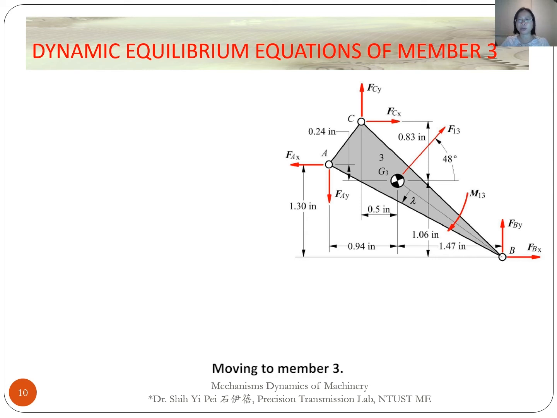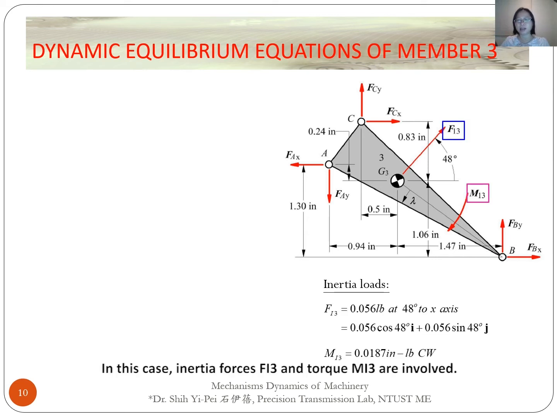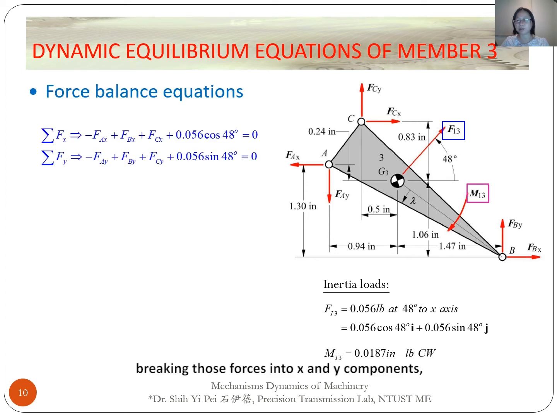Moving to member 3. In this case, inertial force Fi3 and the torque Ni3 are involved. So we have four forces and a torque acting on this member. Breaking those forces into x and y components, we write two force balance equations like this.